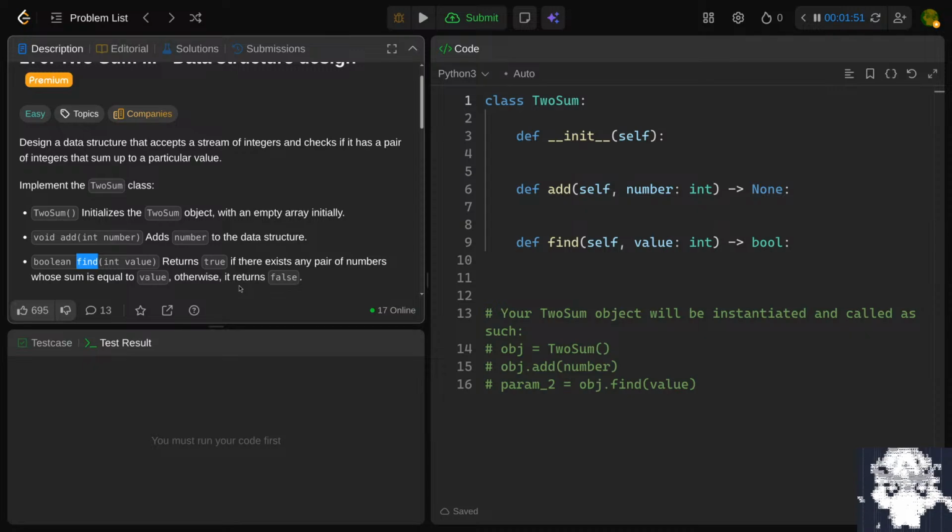What should the runtime of this be? There's some trade-offs, I think. You can put more of the time in adding or more of the time in finding. You can't do them both in O(1). You could do them both in log of n. So for example, maintain a sorted list.